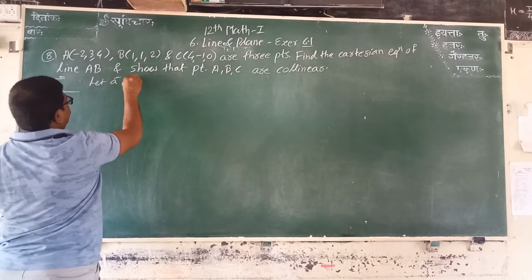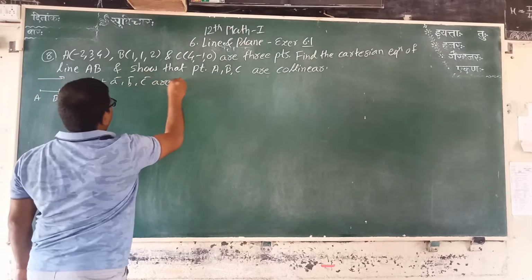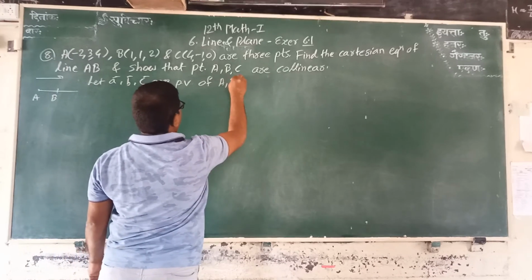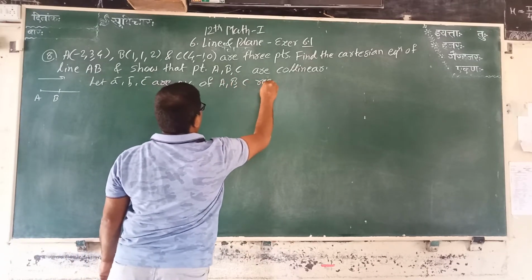let a bar, b bar, c bar be the position vectors of A, B, C respectively.